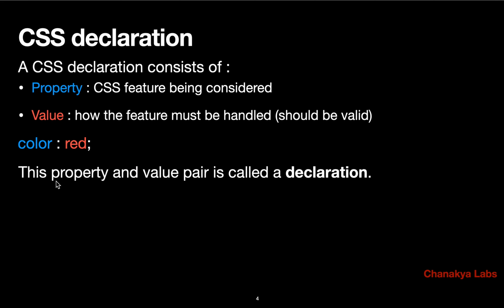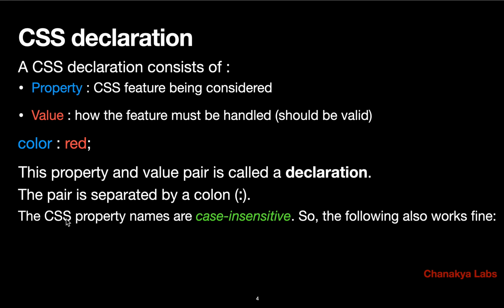Now this property and value pair is called a declaration, and it must be separated by a colon. The main thing is that all these property names are case insensitive. So color with a capital C is also fine. In fact, even if the whole thing is capital, that is also fine.